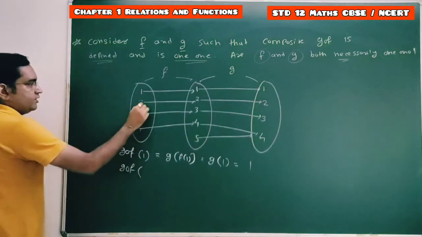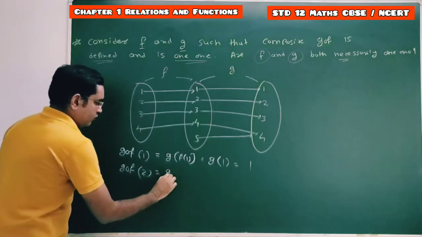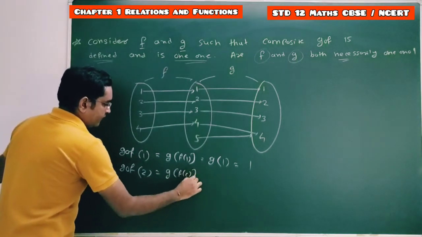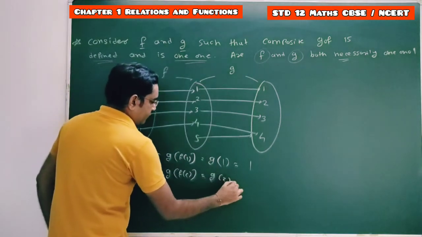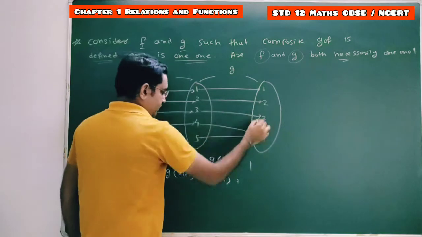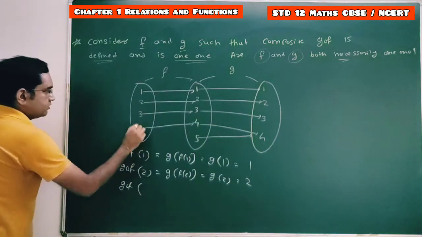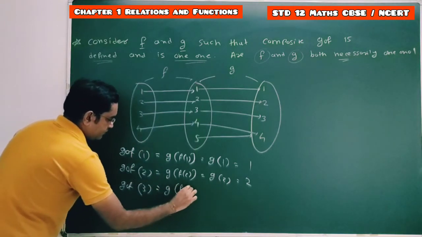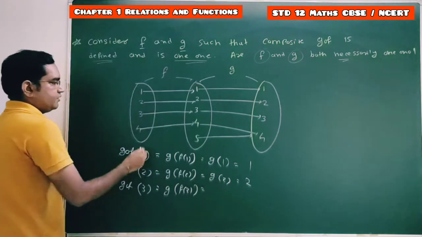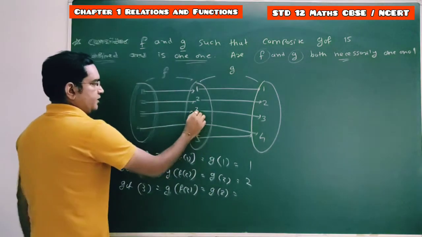Let's check for another element, which is 2. GOF of 2 is g of f of 2. f of 2 is 2, so it's g of 2, and g of 2 is 2. Now the third element, GOF of 3, g of f of 3. f of 3 is 3, so g of 3 is 3.